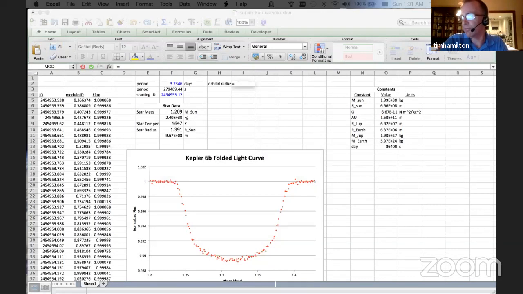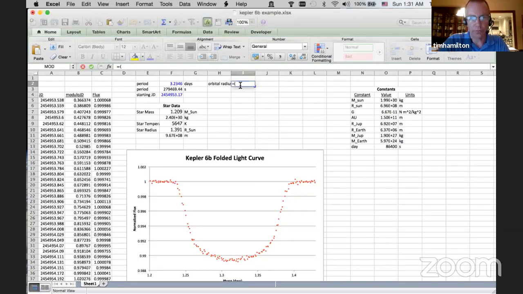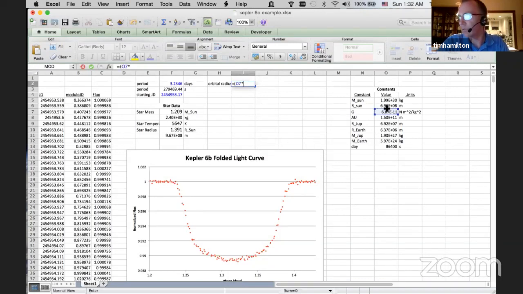All right, that's equal to parentheses, gravitational constant, times the mass of the star in kilograms, times parentheses, the period in seconds, divided by parentheses 2 times pi.